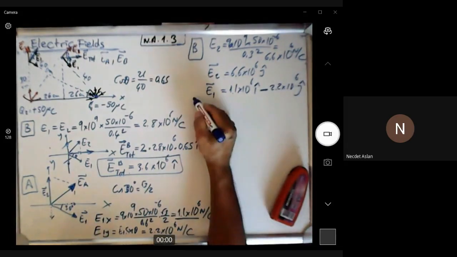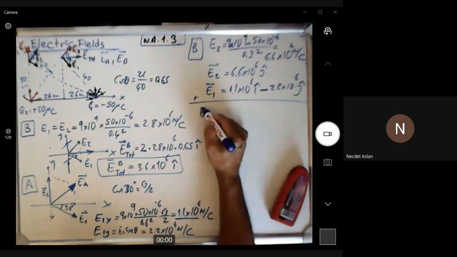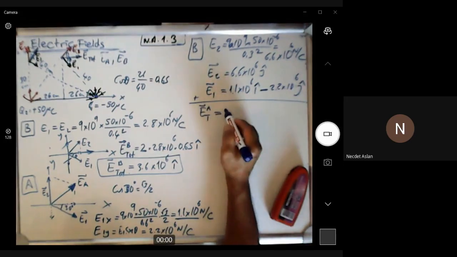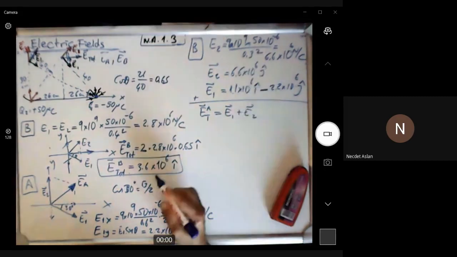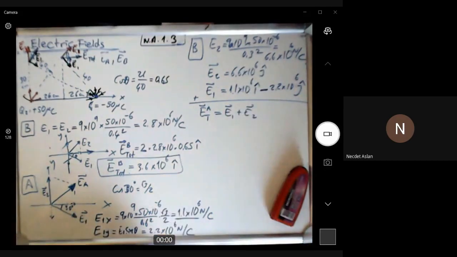Now, the sum of these two vectors is going to be E total vector at point A, which is equal to E1 plus E2. In order to add two vectors, you add x and y components separately.